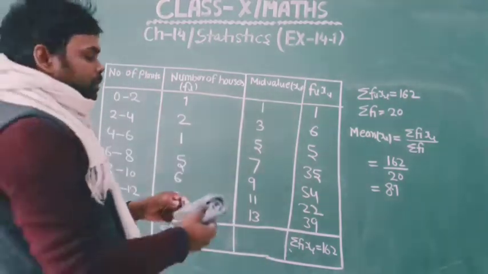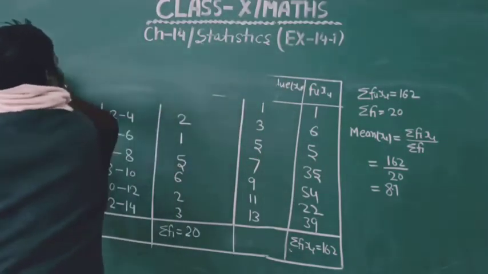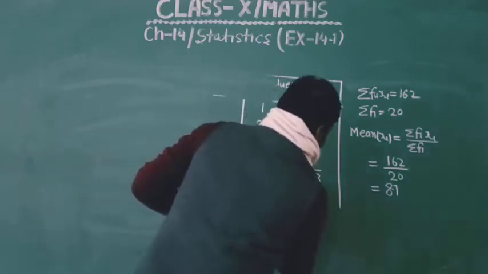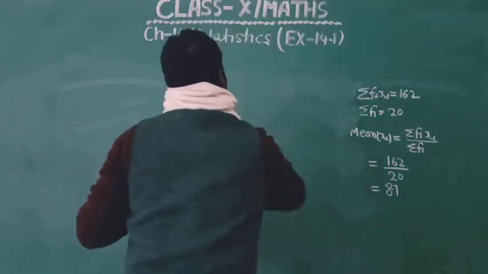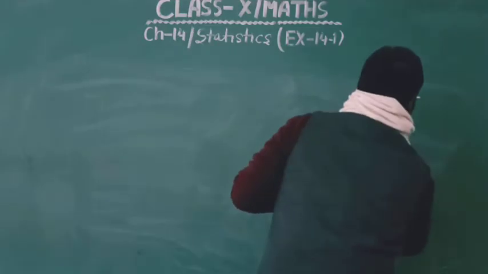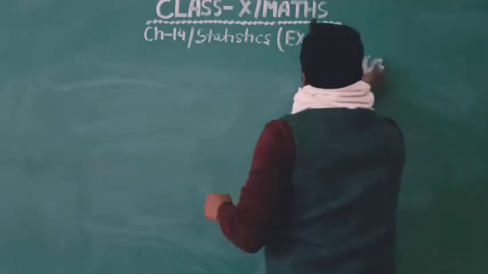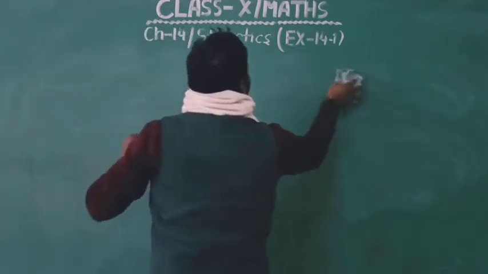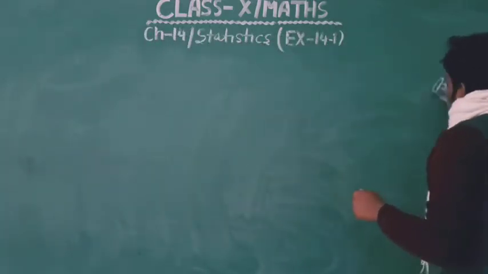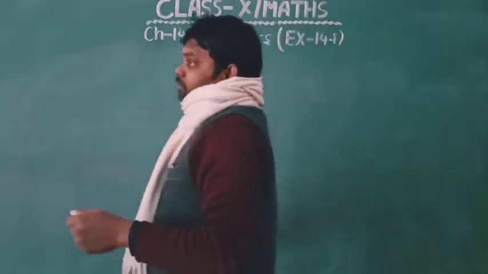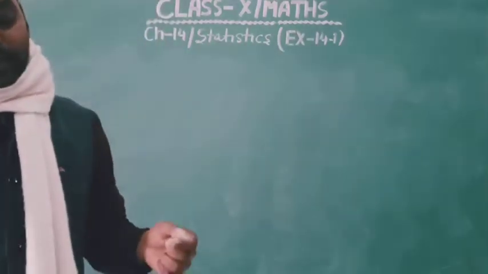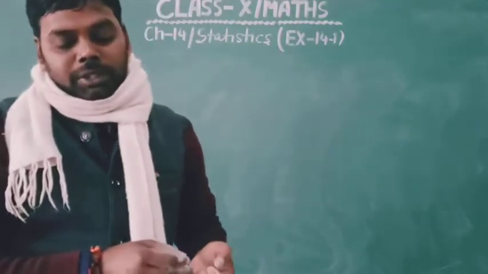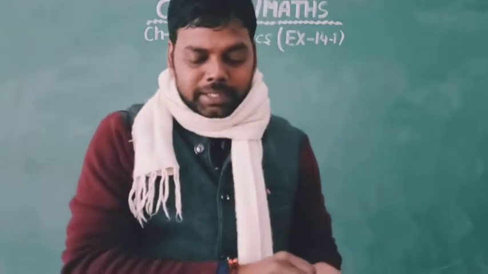Now move to question number 2. Consider the following distribution of the daily wages of 50 workers of a factory.